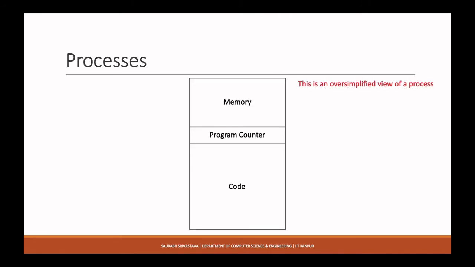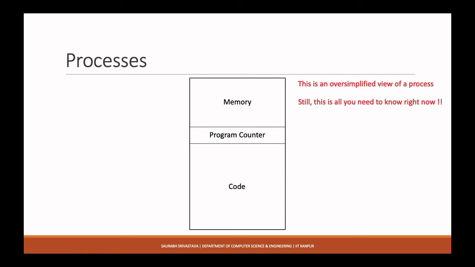So this is the more important part that I want you guys to understand: whenever a process gets created by the operating system, within the main memory some space is allocated. This is what I was telling you when we were discussing pointers, that some space is allocated, and that space looks something like this, right? It's a highly simplified view of that process. There are many more things that I should have shown, but just to give you a brief idea, there is some memory here. This memory is essentially the memory that is used to store your variables.